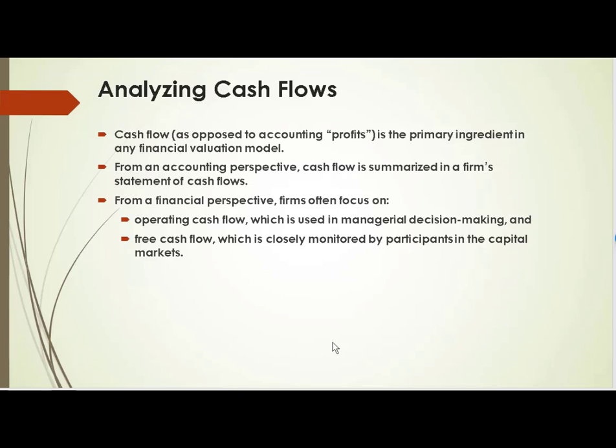This is the number managers use to understand how much cash they're generating towards the company's operations. Free cash flow is a number that's more closely monitored by the participants in the marketplace. So this is the number that the investors want. So there are two numbers as we work our way through here that we ultimately want to be able to calculate and determine.